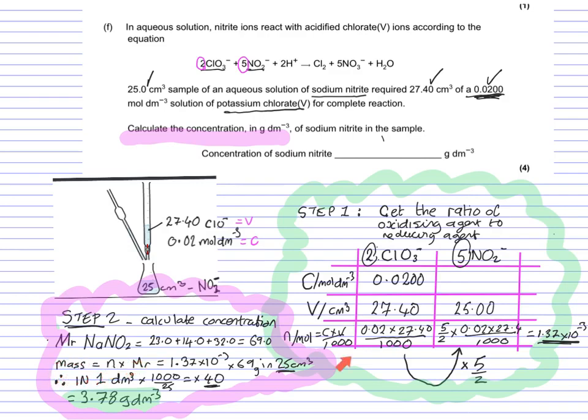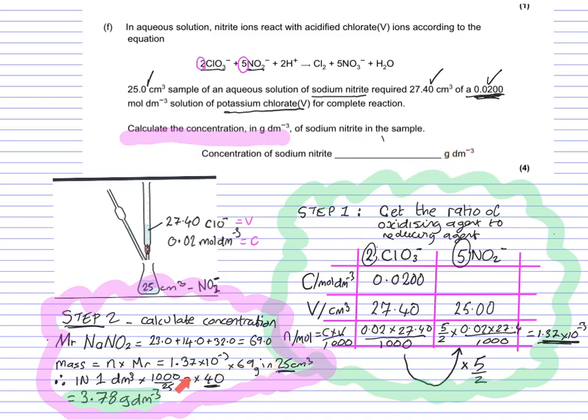So that's the number of moles times the Mr, and that is in 25 centimetres cubed. That would give us the number of grams in our 25 centimetre cubed sample. But we're asked to find the number of grams in 1 litre, in 1 dm cubed.